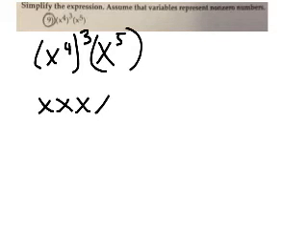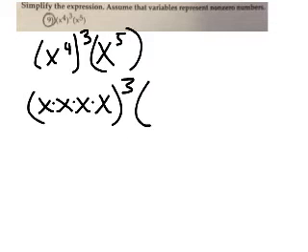Okay, so I'm going to rewrite it. We have x to the 4th, that whole thing is to the 3rd power, and that's times x to the 5th. So x to the 4th is 4 of them: 1, 2, 3, 4. And that is to the 3rd power, and then that is times x to the 5th.